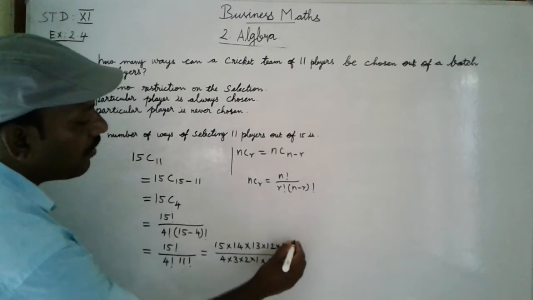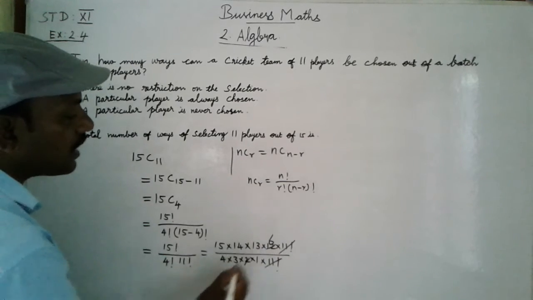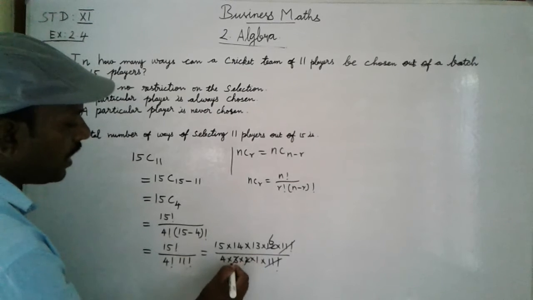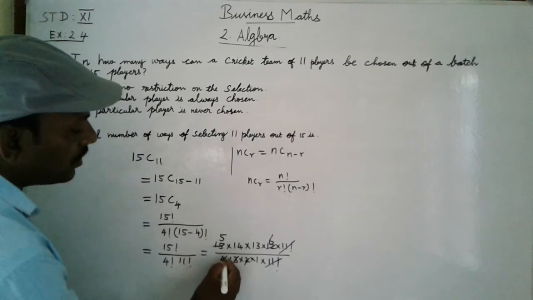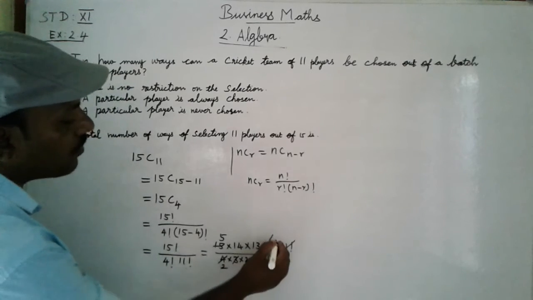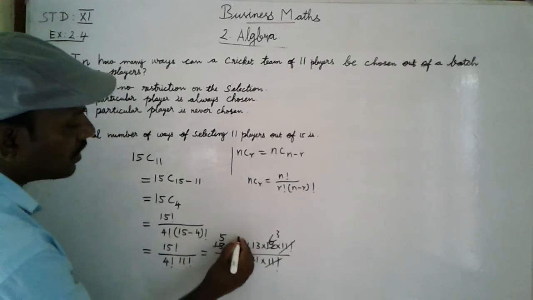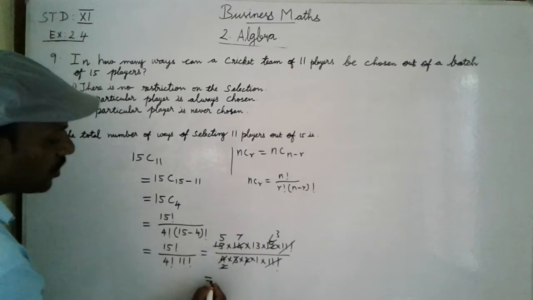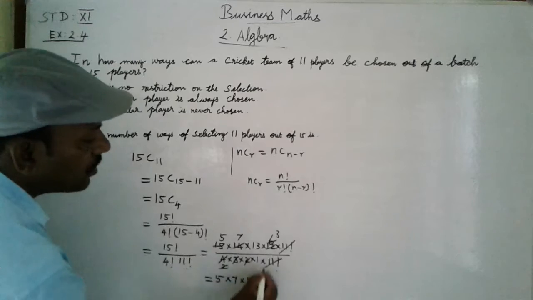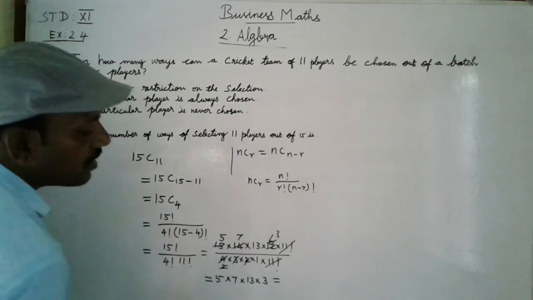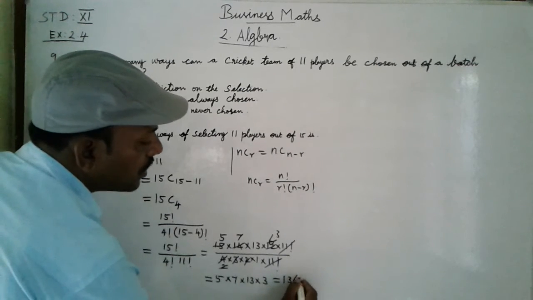Now 11 factorial cancels. 2 and 12 cancel, 6 times. 3 and 15 cancel, 5 times. Then 2 times 2 is 4, 3 times 2 is 6, so 2 and 14 cancel, 7 times. So that equals 5 into 7 into 13 into 3. Multiplying, we get 1365.